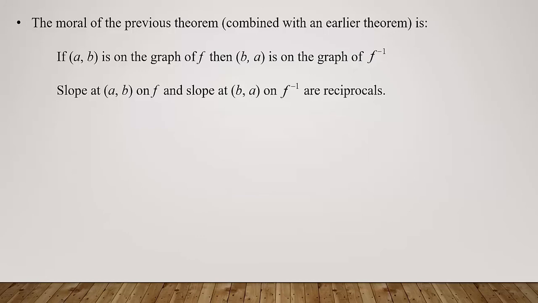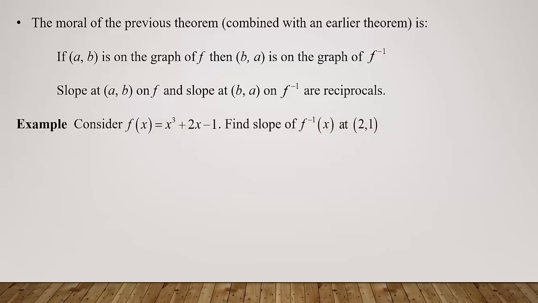Now, I know you look at that theorem that we just proved, and it's hard to see that that's really what the moral of the theorem is. But that's why I'm here, to let you in on that.